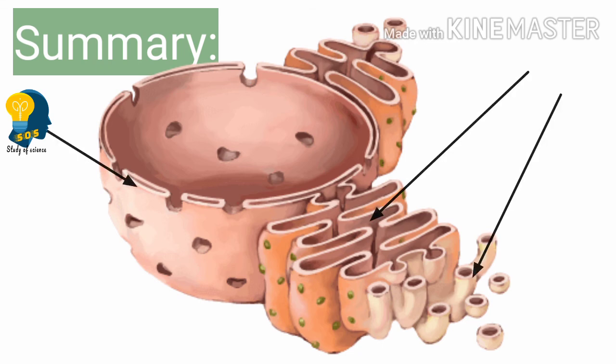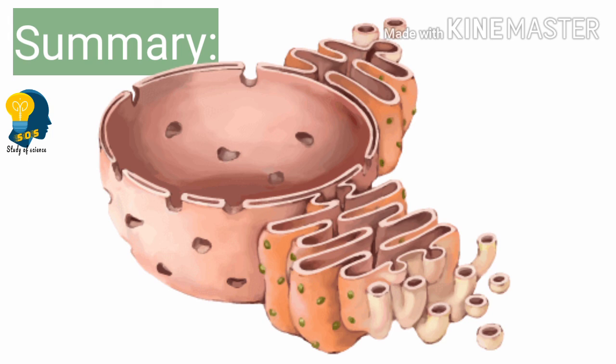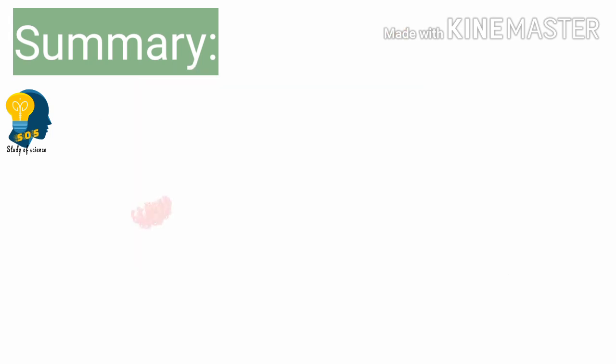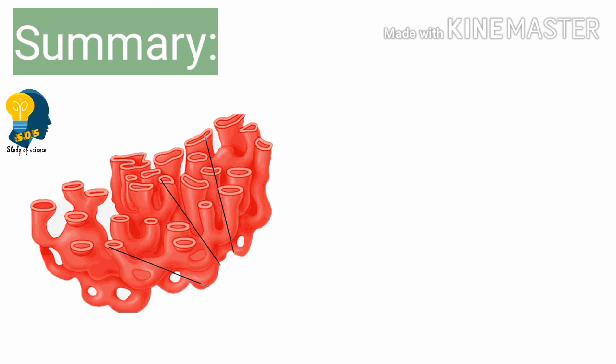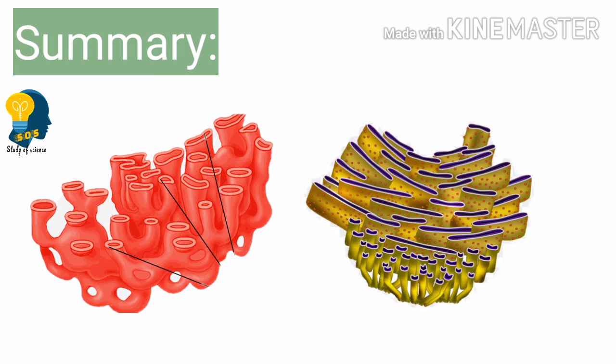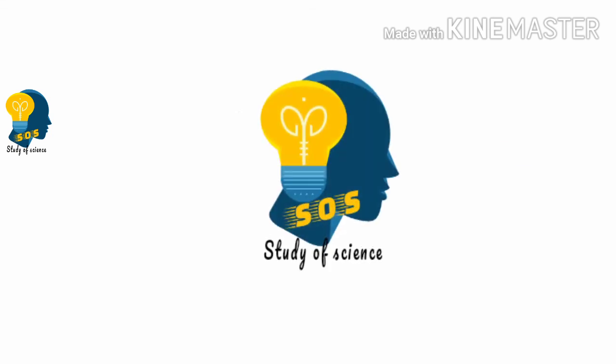Then we studied the types of endoplasmic reticulum: smooth endoplasmic reticulum and rough endoplasmic reticulum. We have also understood why it is smooth and why it is rough. It is rough because of the presence of ribosomes. Correct? And it is smooth because of the absence of ribosomes. And lastly, we have studied the functions of endoplasmic reticulum. I hope I made all the things very clear about endoplasmic reticulum.